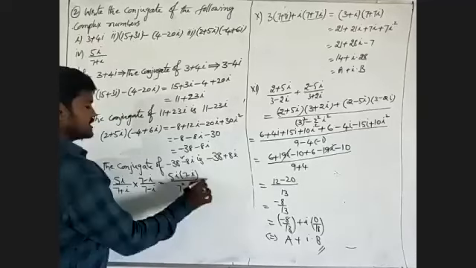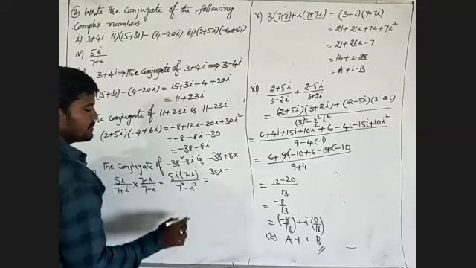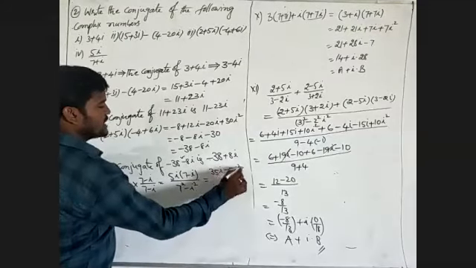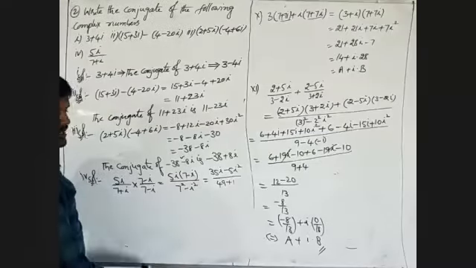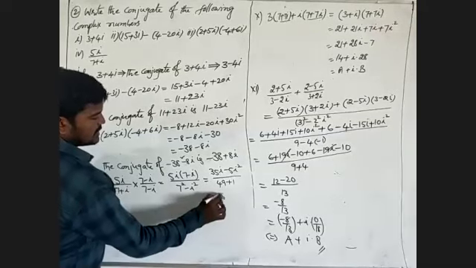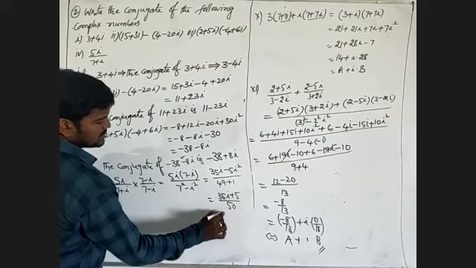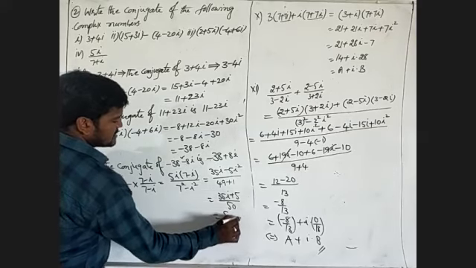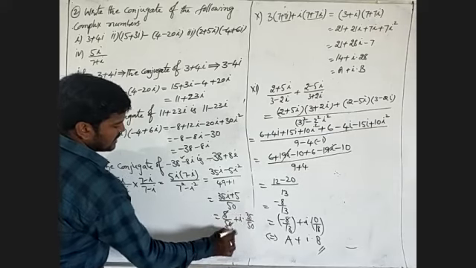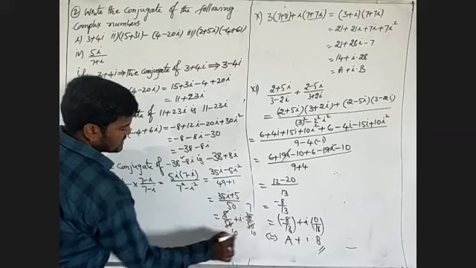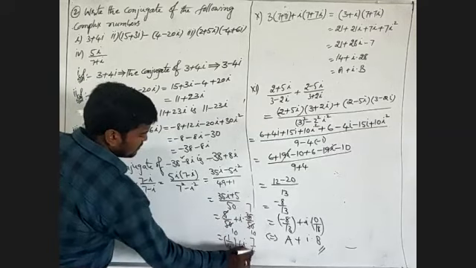Multiplying: 5 times 7 is 35, so 35i, plus into minus will become minus 5, i into i is i square, by the denominator 49, minus of minus 1 becomes plus 1. That is 35i plus 5 by 50. That means 5 by 50 plus i into 35 by 50, which is 1 by 10 plus i into 7 by 10.